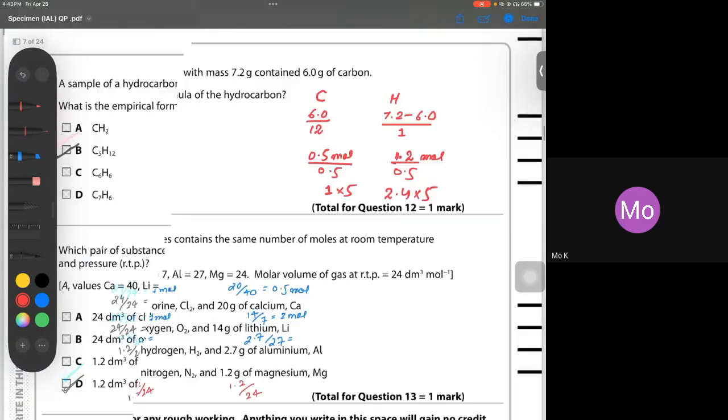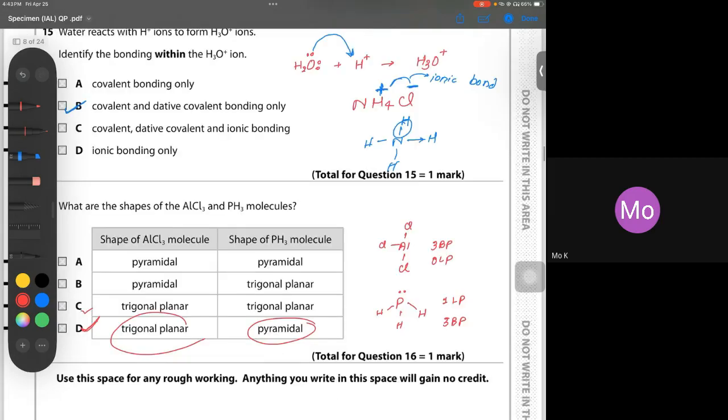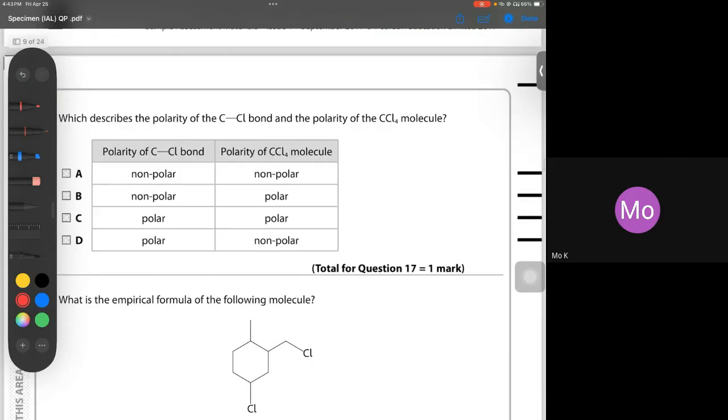Now do this: which describes the polarity of the carbon-chlorine bond and the polarity of the CCl4 molecule? The polarity of the C-Cl bond is polar.